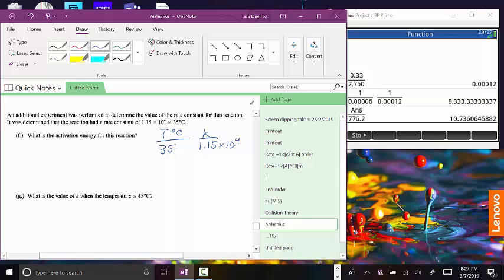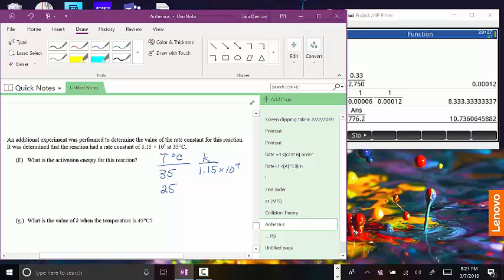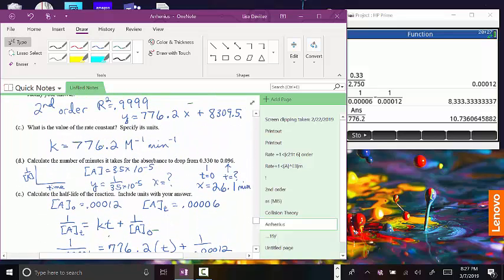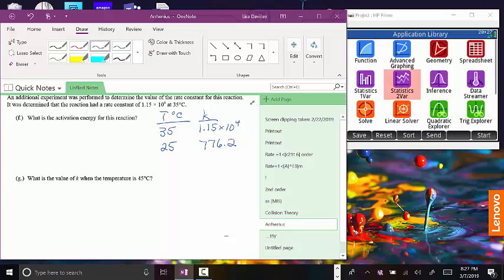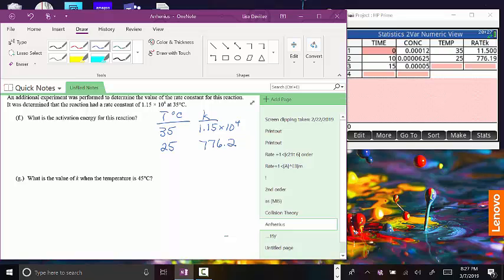And then from before, that one was at 25 degrees Celsius, and my K was 776.2. All right, so I got 2 points to do my Arrhenius plot. So I'm going to go back to my two variable statistics, and we're going to go over to temperature. So I have 35 and 25.